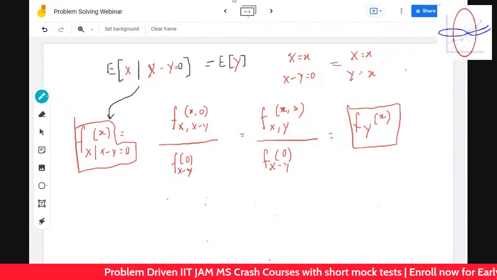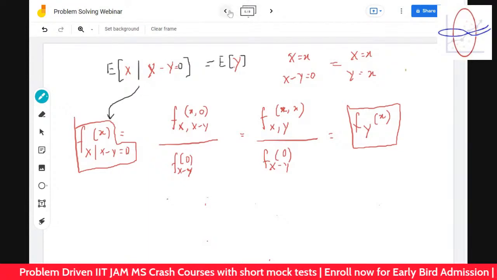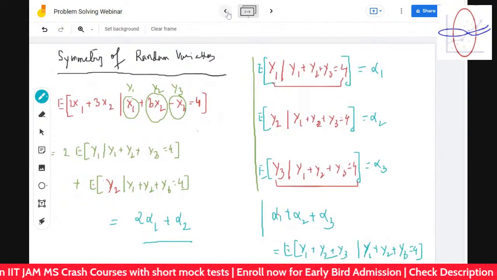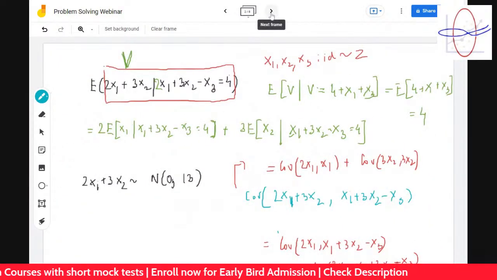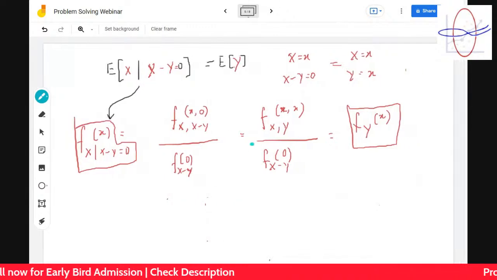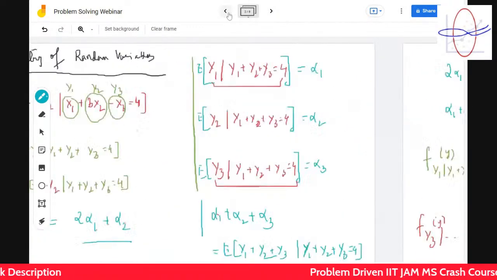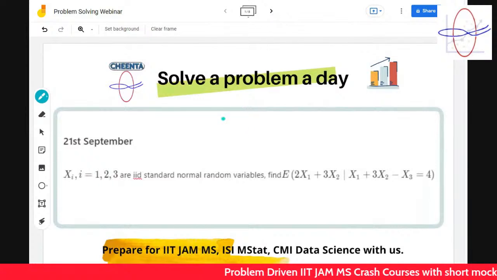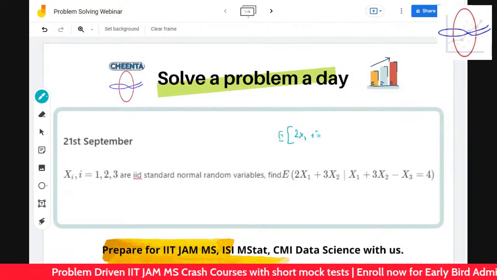Yeah, tell me. Let's see x and y over here. Can someone tell me the expression over here? X and y are what? It's the expectation of twice x1 plus thrice x2.